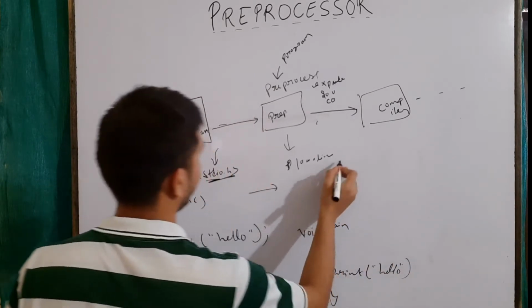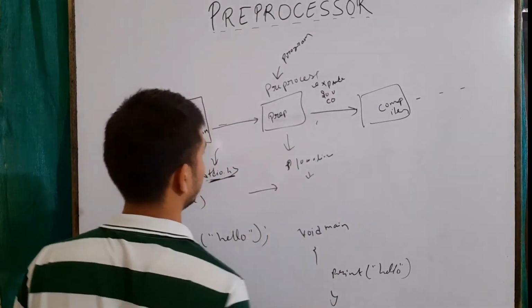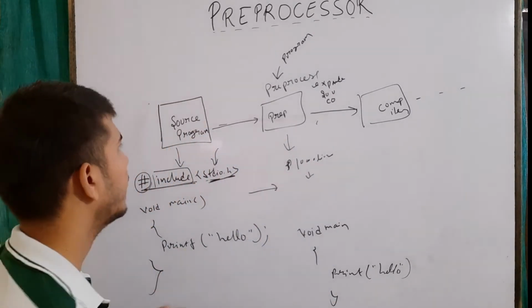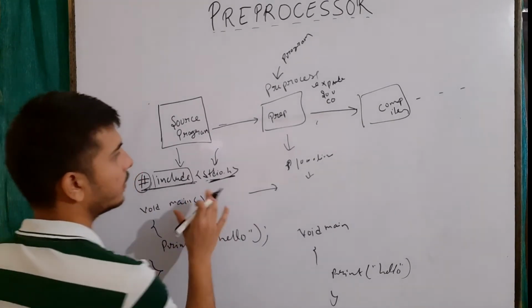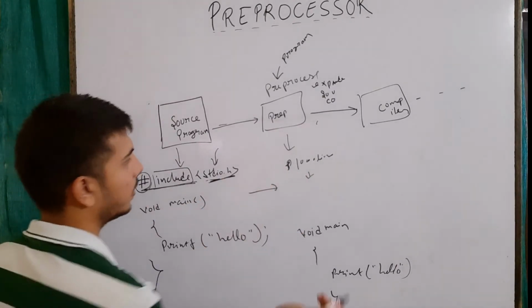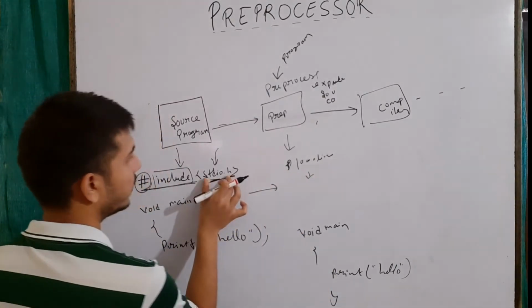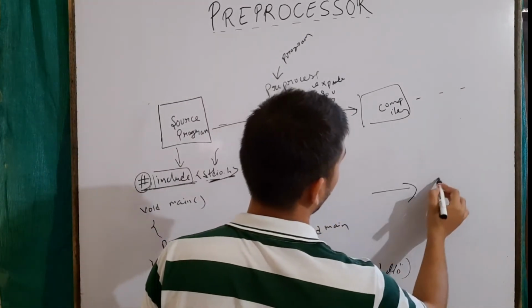Whatever is present here will actually be put here. That is the role of the preprocessor. Whatever the instruction name given, it is going to work according to that instruction, right? Whatever is present in stdio.h, it will put here, and then it will send it to the compiler.